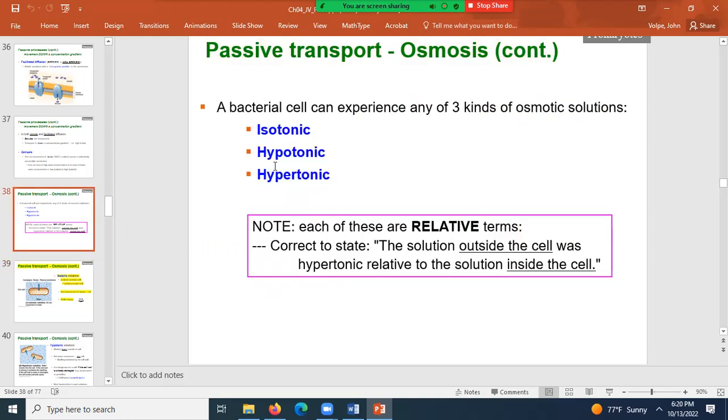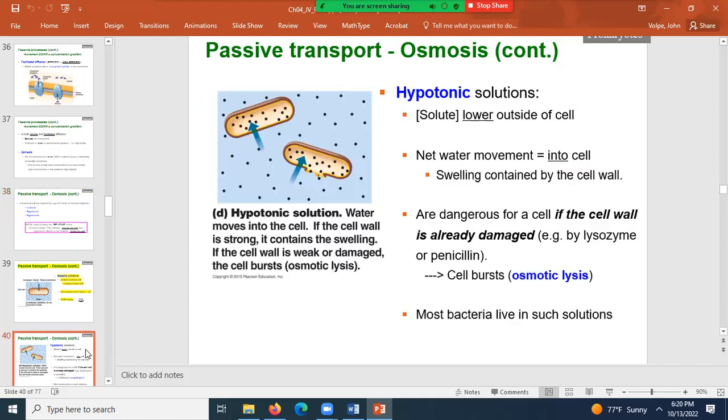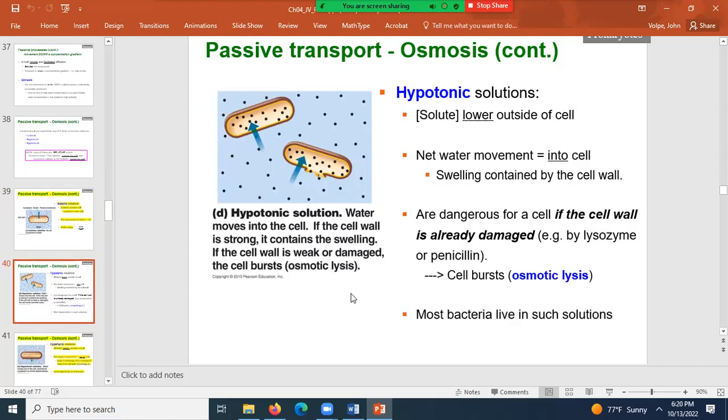There's also hypotonic solution and hypertonic solution, where each is defined by the solute concentration outside the cell relative to the solution inside the cell. In a hypotonic solution, there is more water outside the cell than inside the cell, and so water will tend to move inside the cell, causing the cell membrane to expand.